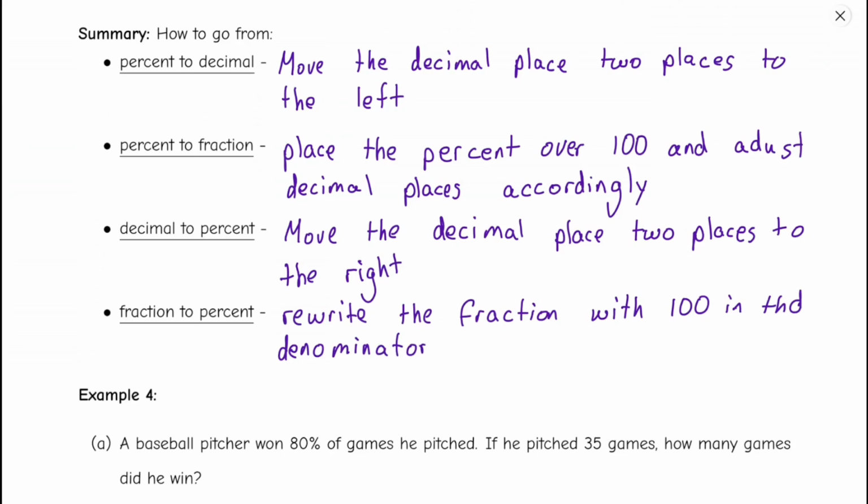This is not always possible. So if you cannot rewrite the denominator as 100, what you need to do instead is go from fraction to decimal, and then from decimal to percent.